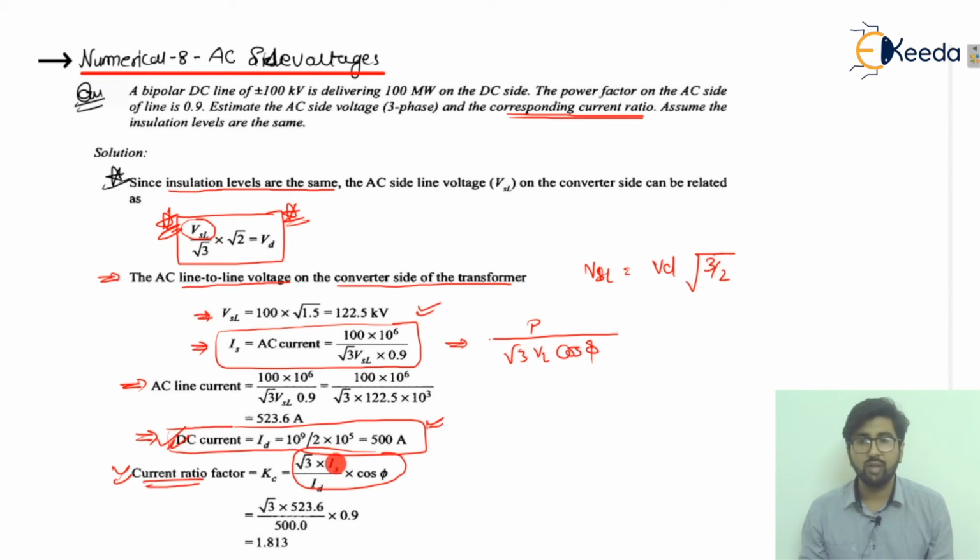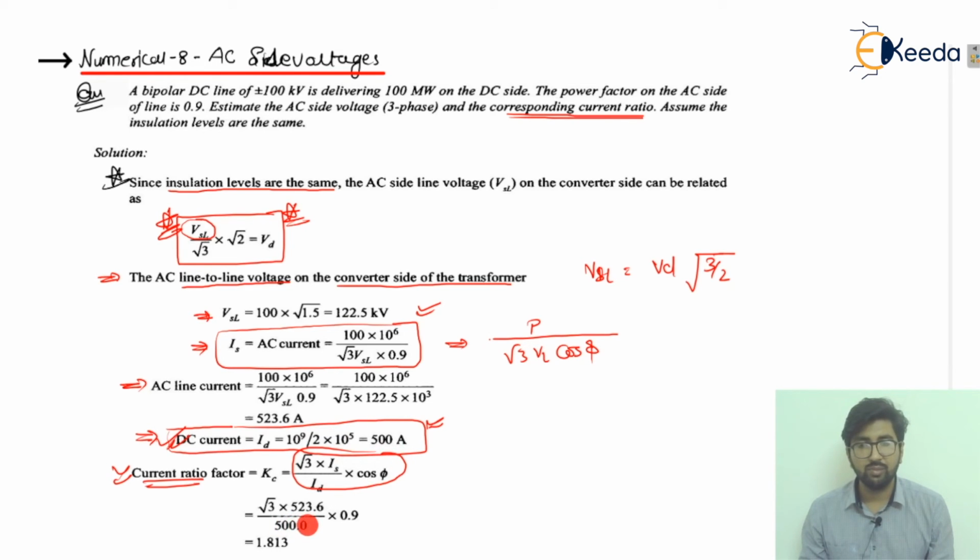You have found the Is value as 523.6, so just put the value 523.6 here. Now what is ID? You found ID as 10 raised to power 9 upon 2 into 10 raised to power 5, equal to 500 ampere.